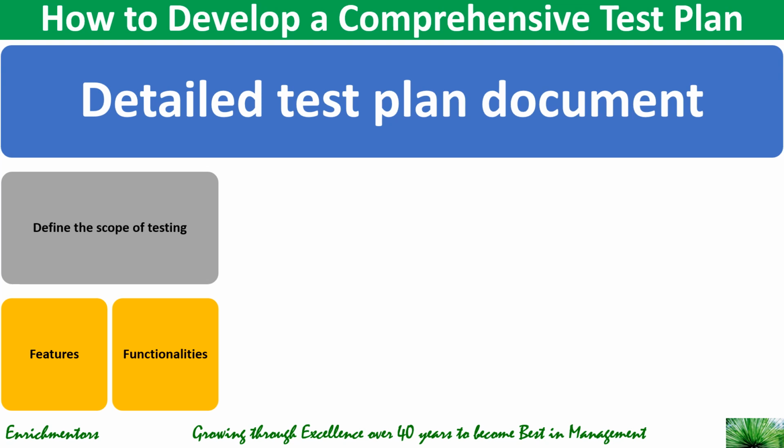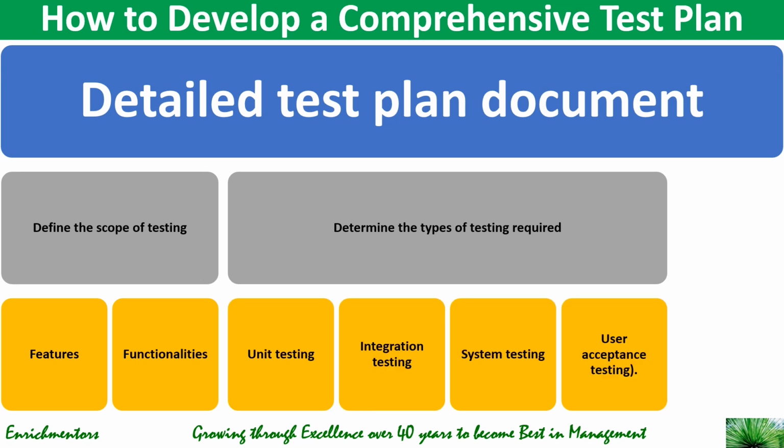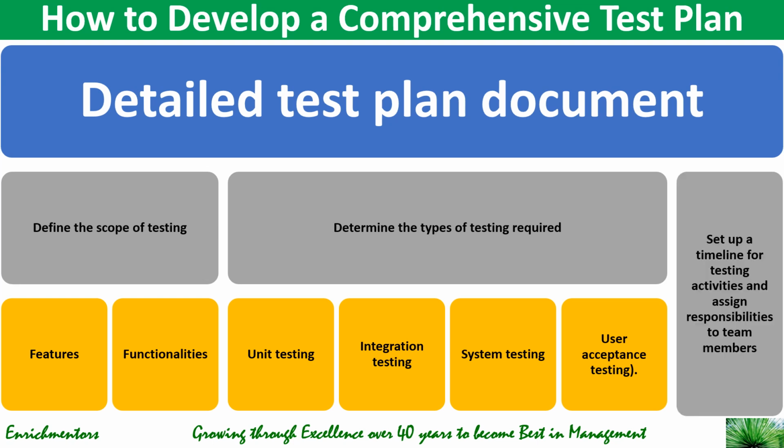Then you need to figure out the type of testing required, such as unit testing, integration testing, system testing, and user acceptance testing. Finally, set up a timeline for testing activities and assign responsibilities to team members. Once you do that, you have a detailed test plan document, and that becomes your benchmark for doing the testing as you go forward in quality assurance.